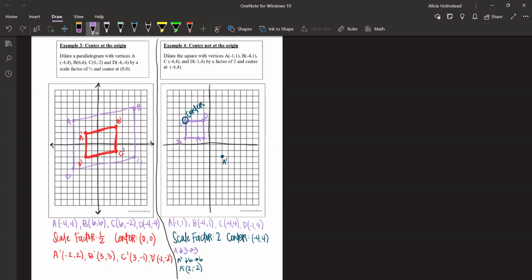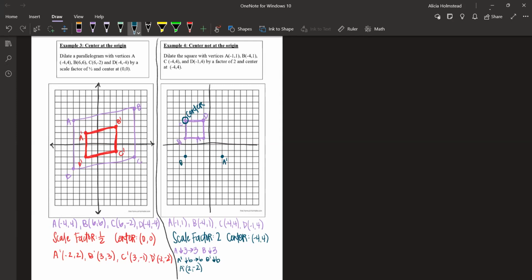Then we'll do the same thing for the other points. To get to point B from our center, we originally went down 3. When we apply the scale factor, we're going to go down 6. So down 1, 2, 3, 4, 5, 6.